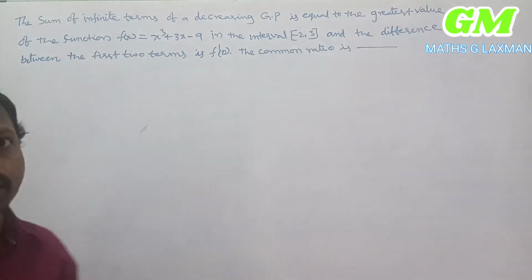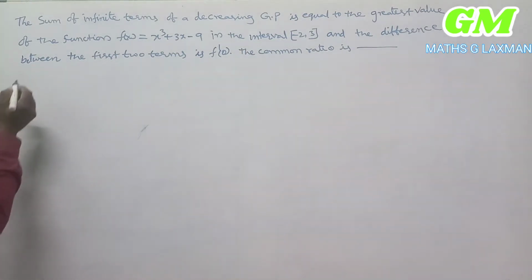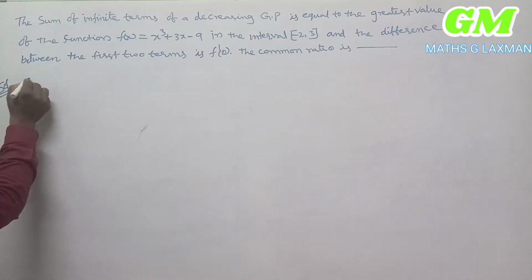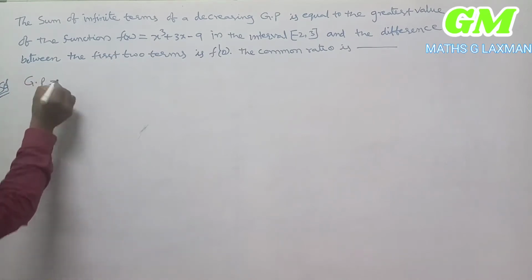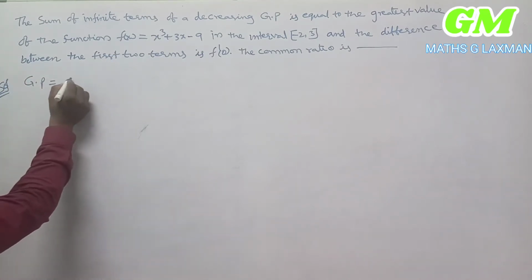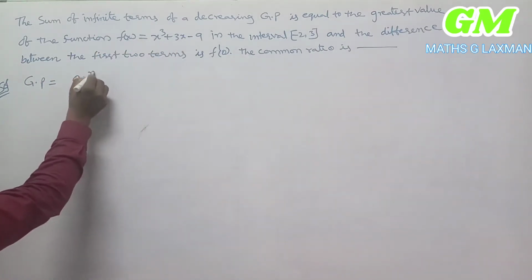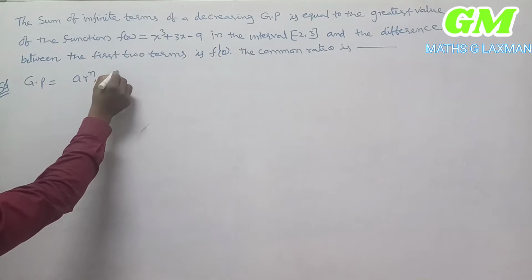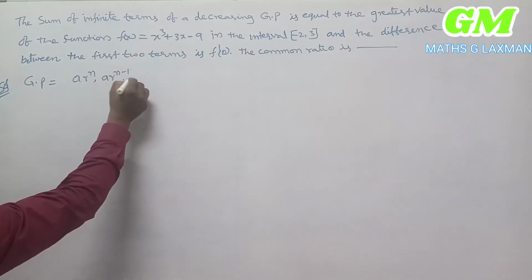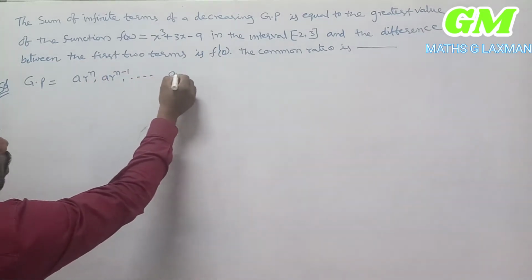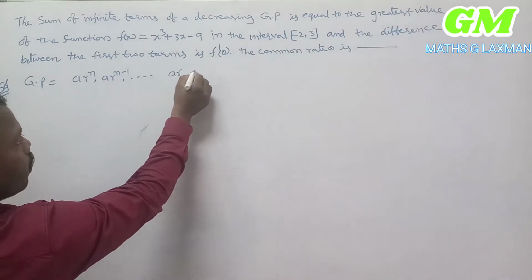The common ratio of the GP is. So in a general GP we have a decreasing GP. Decreasing means a r to the power of n, a r to the power of n minus 1, and so on, a r and a.